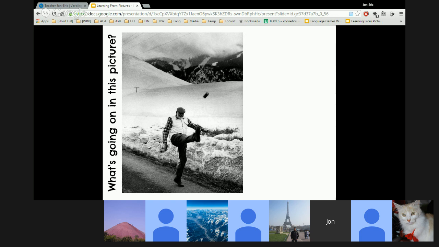Only I don't like the word go, because I don't know what you mean. If you were to say walk, he is walking on the road, or even better than that, he is walking down the road. He's walking down the road, and around him, there is a lot of snow.